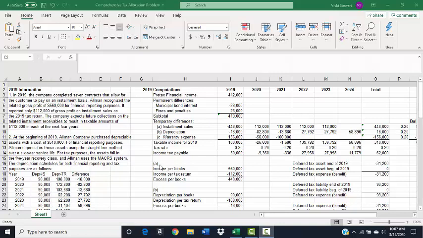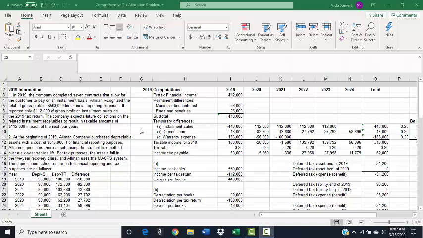So what we will be doing in the problem is we will be working in 2019 to show the differences between pre-tax financial income and taxable income, but we'll also be scheduling out the reversing amounts in the future and determining how those tax effects will occur and what the totals will be for both the balance sheet and the income statement.